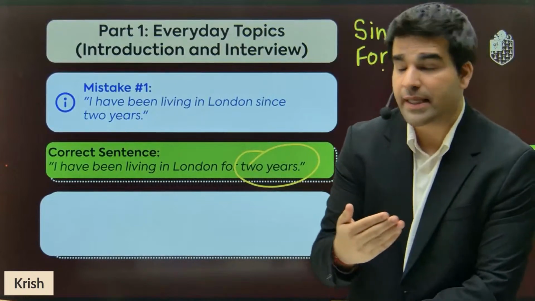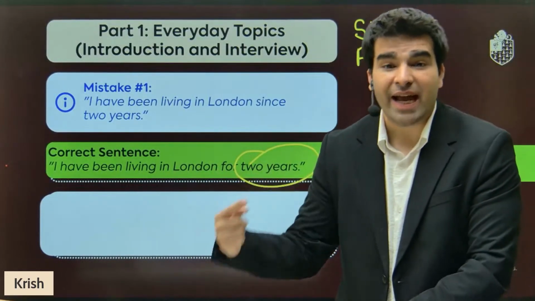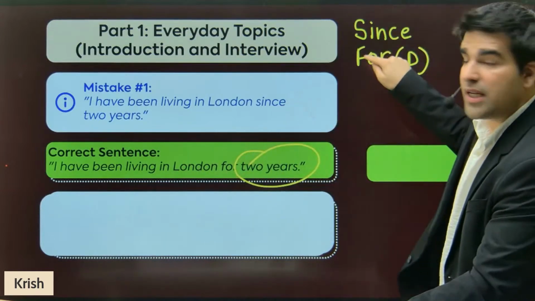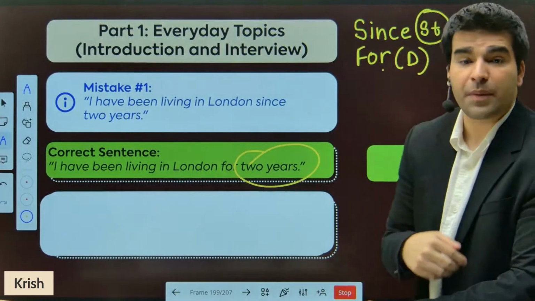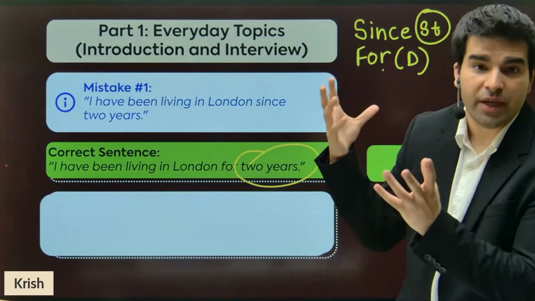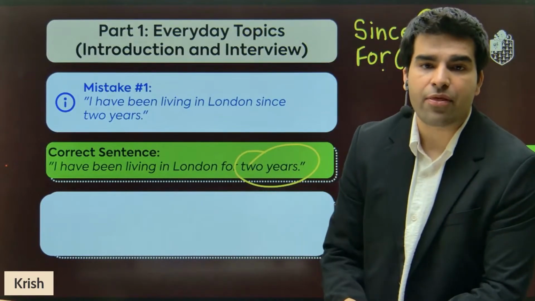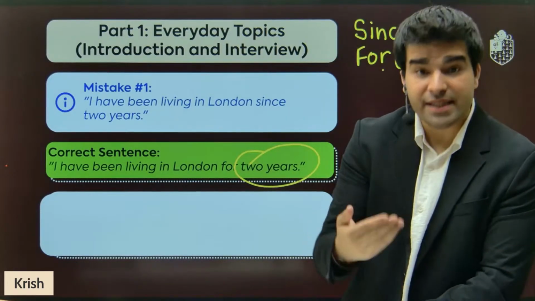You may want to say, I have been living in London since January 2023. Now, January 2023 is a specific time in the past. It's not a duration. For example, you say February 10th. Is it a duration or is it a specific date? It's a specific date.